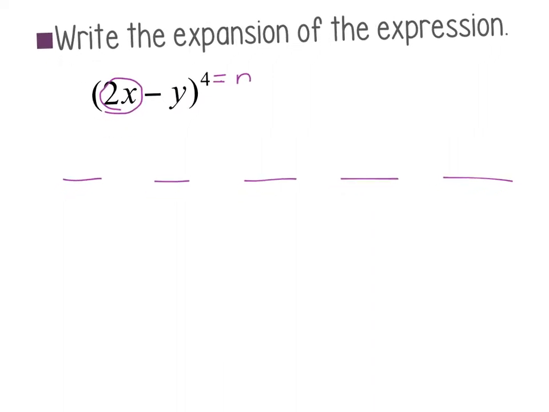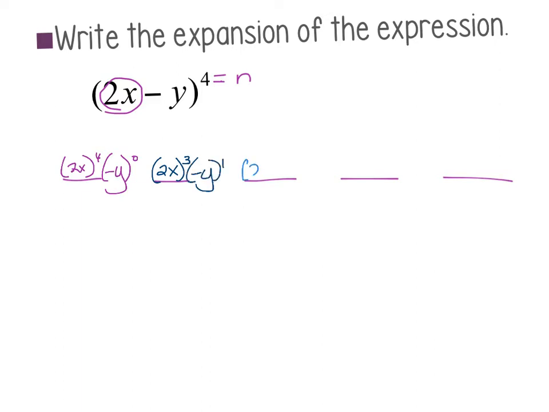So that is going to be 2x raised to the 4th and negative y to the 0. And then the next one is 2x raised to the 3rd, negative y to the 1st.